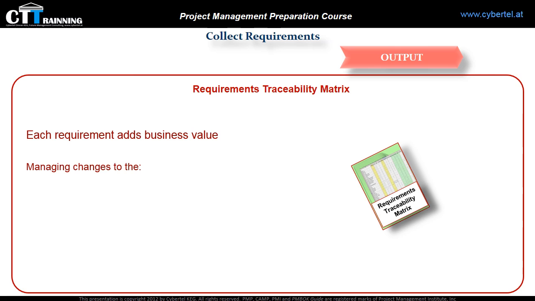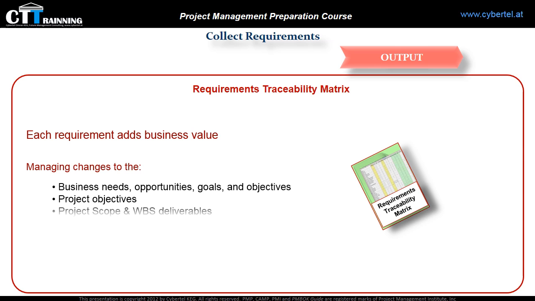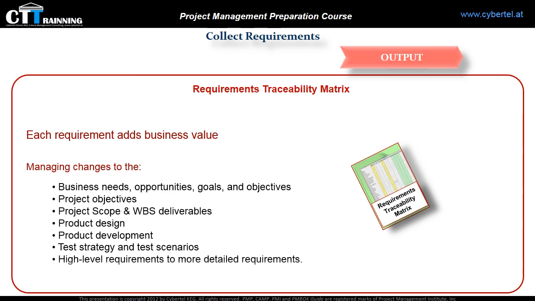But what information are we tracing? Here you are tracing and watching the changes to each requirement for the business need, opportunities, goals, and objectives, project objectives, project scope and WBS deliverables, product design, product development, test strategy and test scenarios, high-level requirements to more detailed requirements, and attributes associated with the requirements can be added to the requirements traceability matrix.